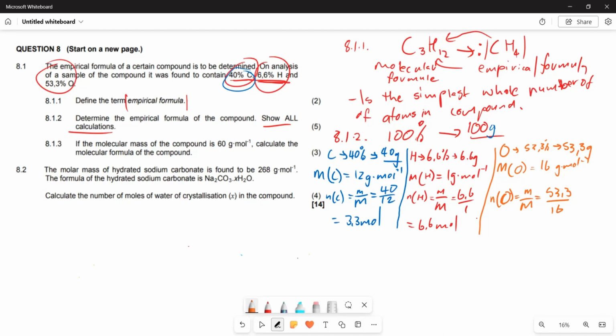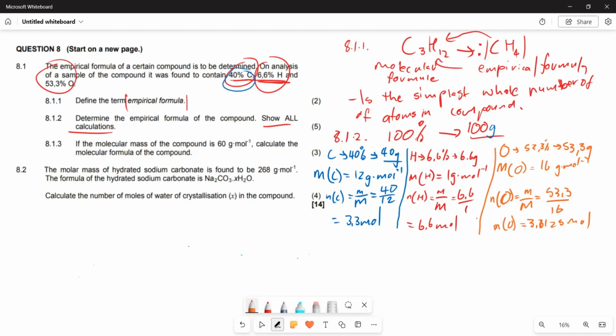And now when you are getting that, you are going to find out that the mole that you are finding for your oxygen is going to be 3.3125 mole. Please do not forget to write the mole. Okay?